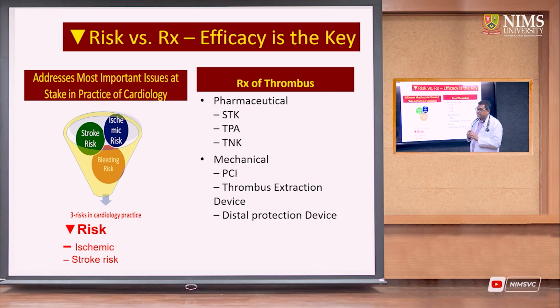Understand that ischemic risk is arterial risk, but a stroke risk is a venous risk. That is why if you want to prevent arterial risk, you would use a different kind of drug which acts and reduces the arterial thrombosis risk. But if you want to prevent the stroke risk, then you choose a different kind of agent that will prevent thrombus formation in the vein.